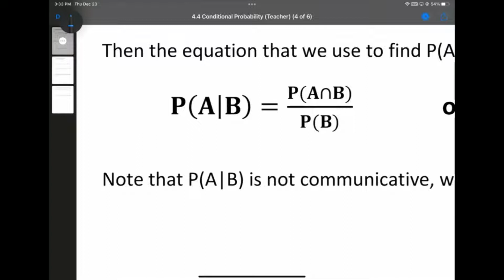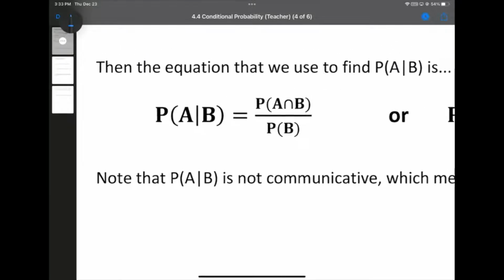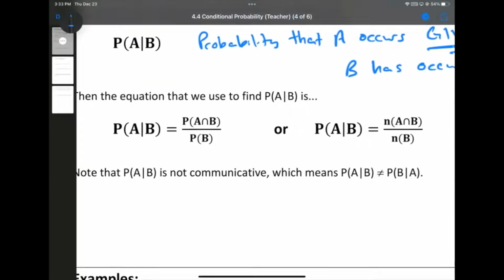And since both of those would be divided by the universal set, I could write this down just as the number of ways that A and B can occur divided by the number of ways B occurred. Those are really the same equations. I just converted the probabilities into number of ways divided by N(S). And since the N(S)'s top and bottom cancel, those are equivalent.